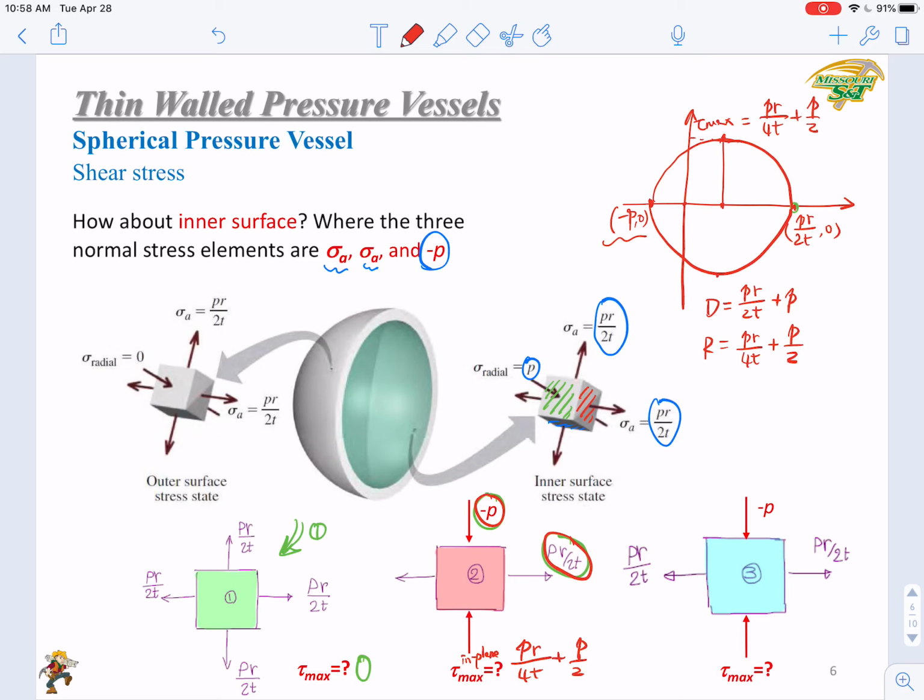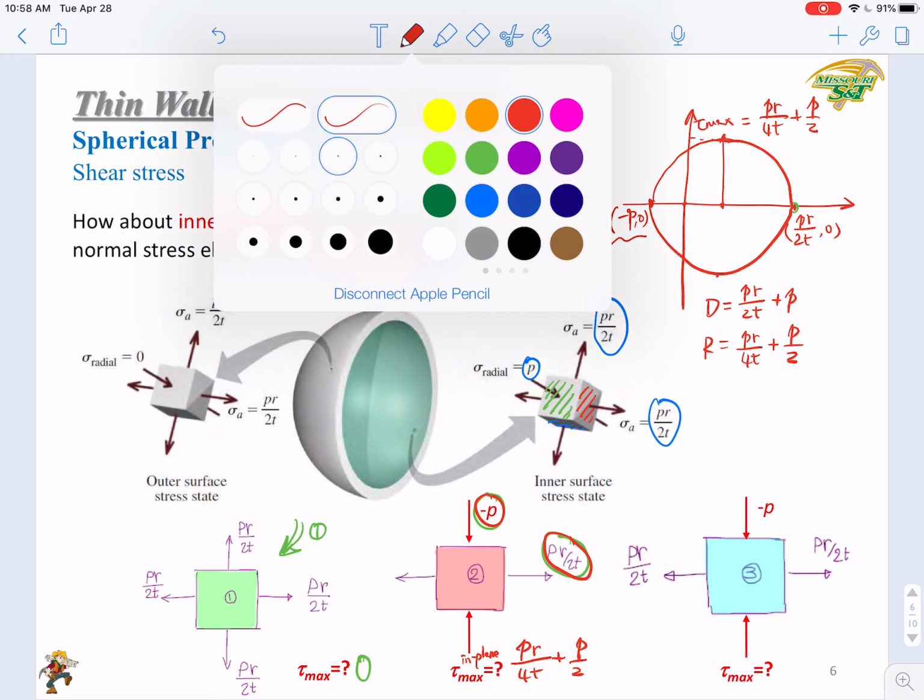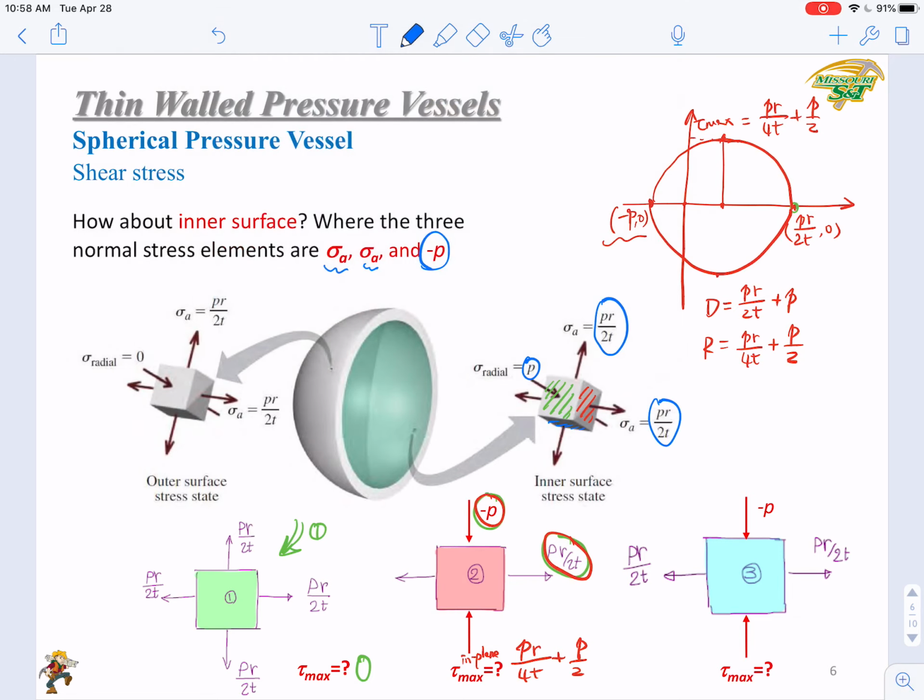Now how about case 3? In case 3, you have sigma A, negative p, exactly the same as case 2. If you want to draw the Mohr circle, you get exactly the same Mohr circle, so the maximum in-plane shear stress will be the same, PR over 4t plus p over 2.